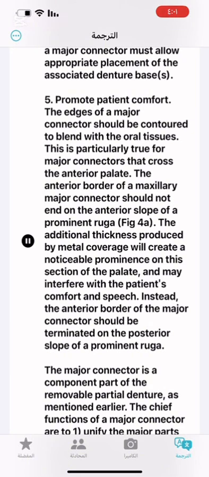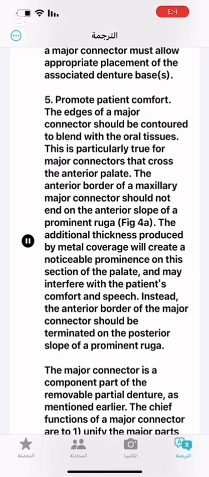Some major connectors may be selected for tooth-supported removable partial dentures, but not for tooth-tissue-supported applications. In each instance, a major connector must allow appropriate placement of the associated denture bases.